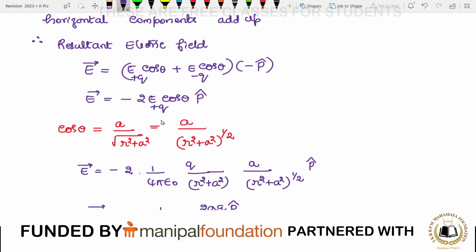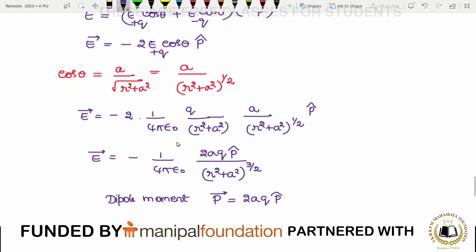Cos theta is equal to A divided by root of R square plus A square. So root means power is half. So E vector equal to minus 2 into 1 by 4 pi epsilon naught Q divided by R square plus A square into cos theta, A divided by R square plus A square power half, P cap.